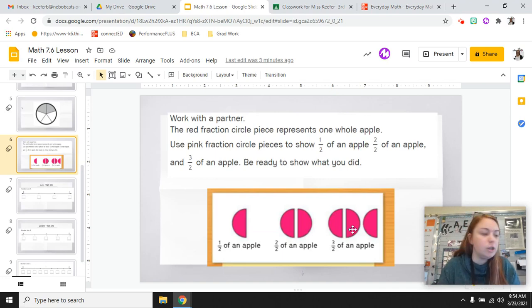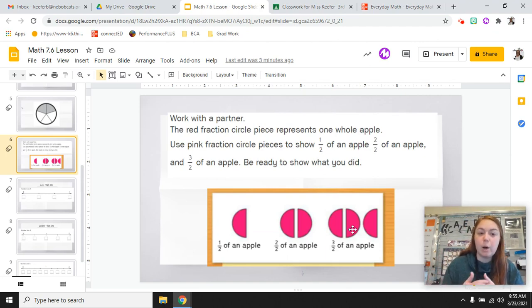So what we are going to do is look at page 232, and this is going to show us fractions on a number line. It's going to have less than 1 and more than 1, so you can see what the fractions look like on a number line.